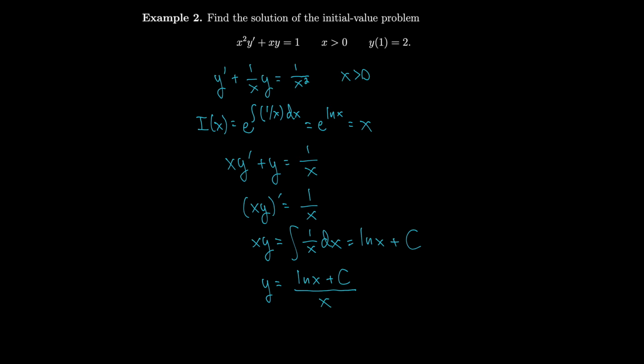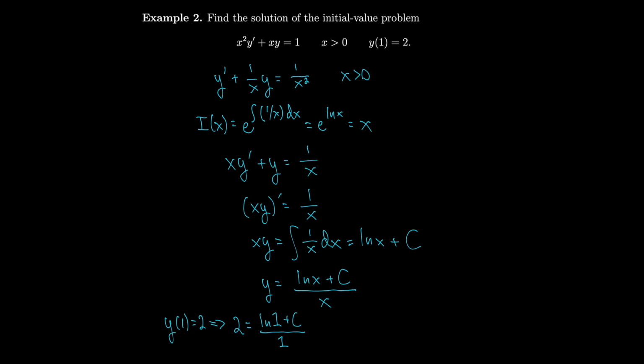And we were actually supposed to solve the initial value problem, so they told us y of 1 is 2. So since we know that y of 1 is equal to 2, we can plug that in, and that'll tell us that 2 is equal to ln of 1 plus c over 1.